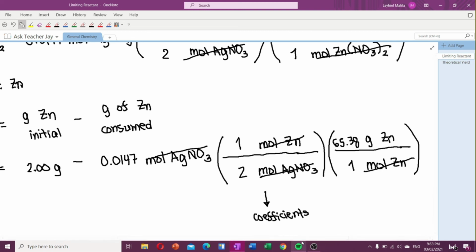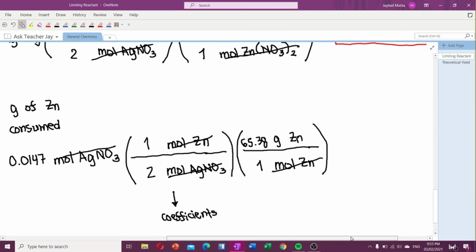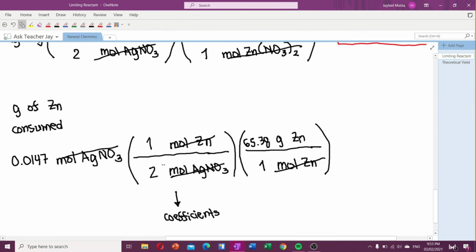Kindly solve this portion over here first: 0.0147 times 1/2 times 65.38. You can pause the video so that you can solve by yourself. This one is the molar mass.